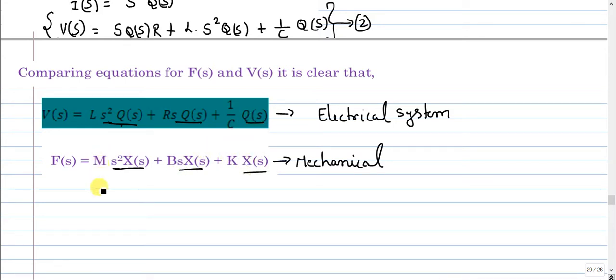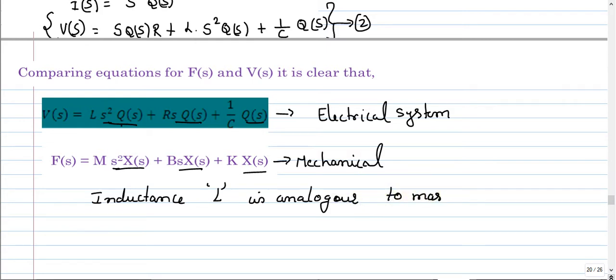Now, if I want to represent, inductance L is analogous to mass m. This is the first representation. Inductance L is analogous to the mass m.